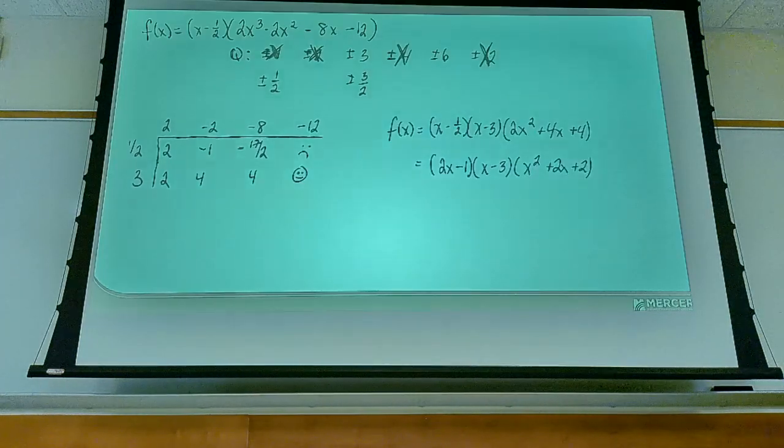Gonna have to use quadratic. Negative b plus or minus the square root of b squared minus, these are going to give me complex. So that's negative 8 all over 2.